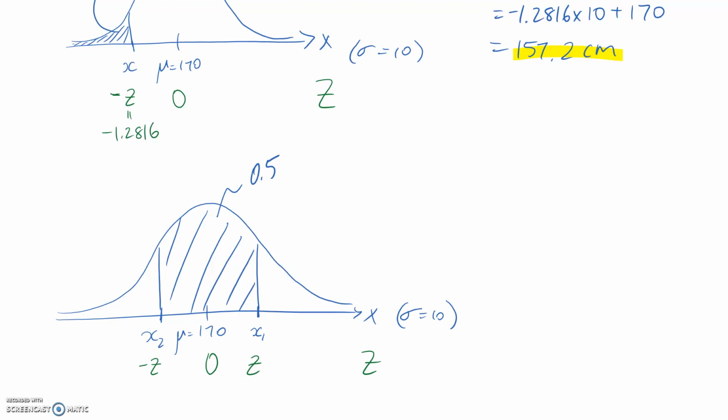Alright, so if we're going to use our inverse table, what we're interested in is the upper part area, this part in here. Alternatively, you could use the bottom part as well. If we have a total area of 1 under the curve, and this is 0.5, I would expect that this little bit from the middle up until our cutoff would be 0.25, which would leave this being 0.25.